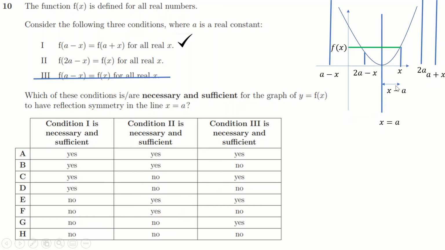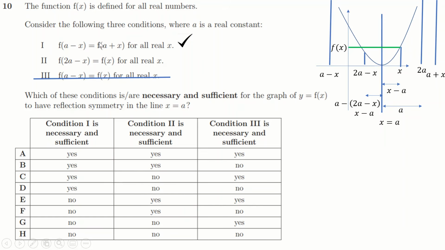The reason I made this length here is because I know the distance across from here is just x minus a. Now, what's the distance across from here? This distance here is a minus 2a minus x, which is going to give you a positive x, and a minus a, which is the same as this distance here.